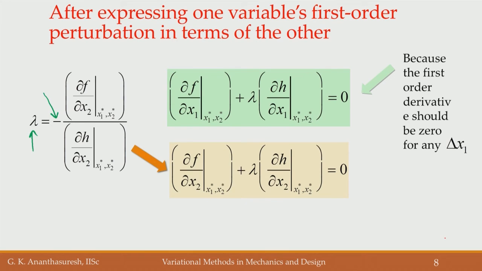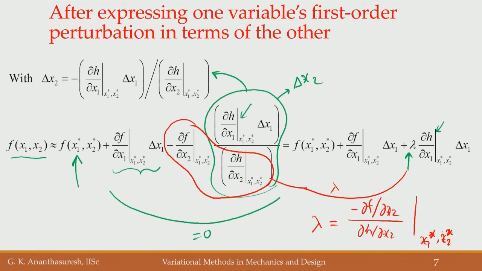Lambda is defined that way, and then we said that dou f by dou x 1 here, so this term here. So, we said that the first order term, this whole thing here, must be equal to 0, because for any perturbation delta x 1 we do not want the function to change.